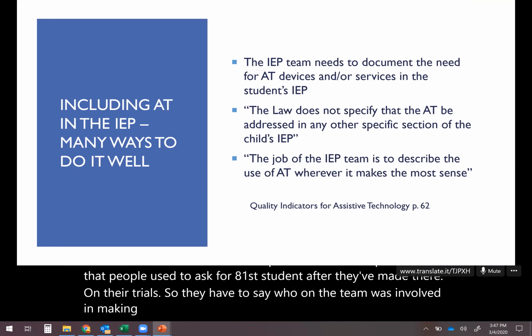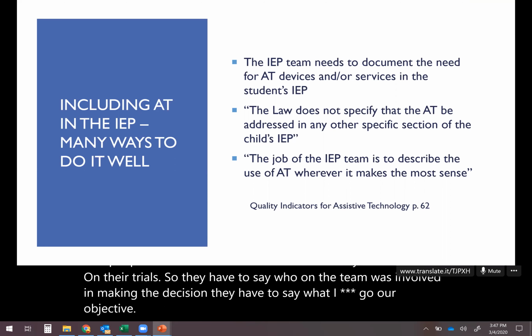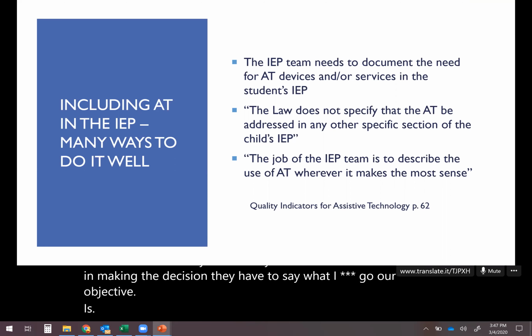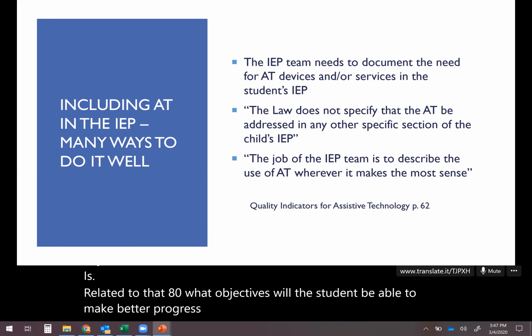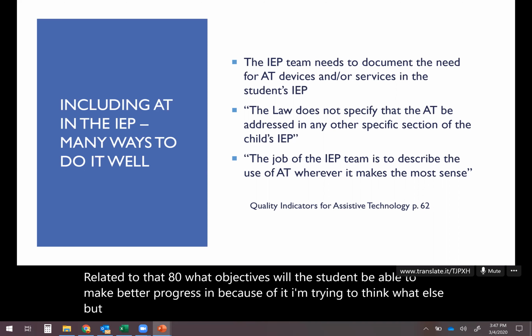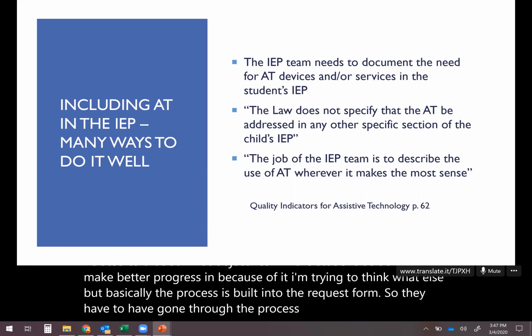They have to say what IEP goal or objective is related to that AT. What objectives will the student be able to make better progress in because of it? I'm trying to think what else, but basically the process is built into the request form, so they have to have gone through the process to get that request filled out.